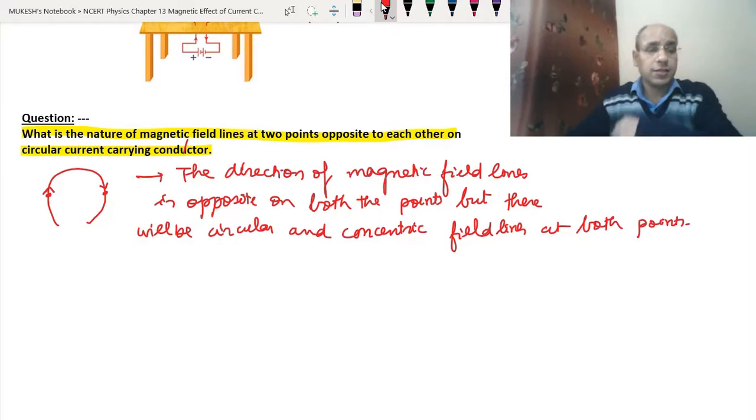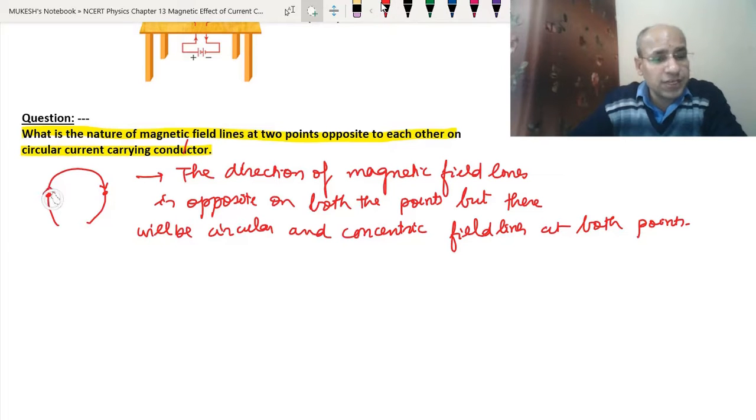See, here also there will be concentric circles, here also there will be concentric circles, but the direction will be different. Here they will be in the anti-clockwise direction, here they will be in the clockwise direction. Or if the current is flowing reversely, then it will become the opposite. I hope this is clear to you.